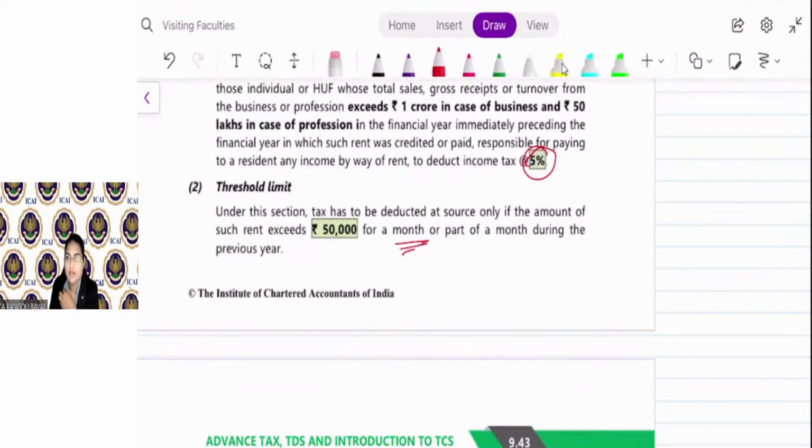So if you are staying in a rented house and the rent amount is 55,000 per month, then you are liable to deduct TDS under section 194IB as an individual. So here the limit is 50,000 per month. So if your rent is more than 50,000 for a month or part of the month, then you are responsible to deduct TDS under section 194IB.